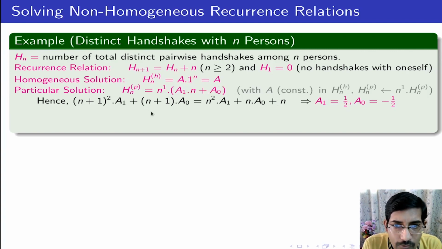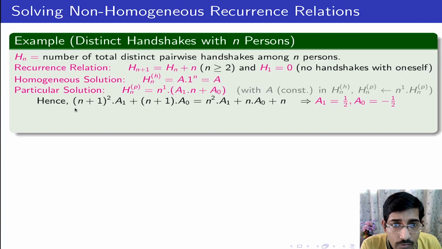Now how do we solve for two constants with a single equation? Here we will try to equate the constant for n square with the right side constant for n square, the constants for n with the right side constants for n, and the single constants with single constants.